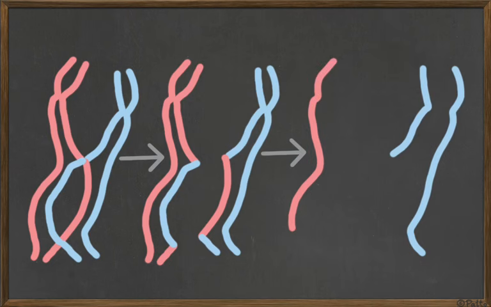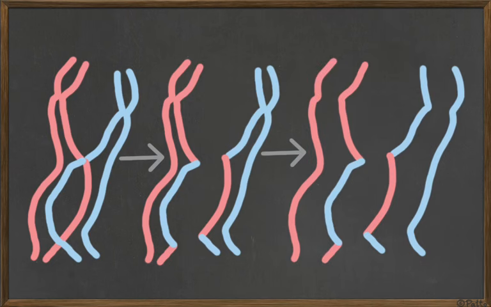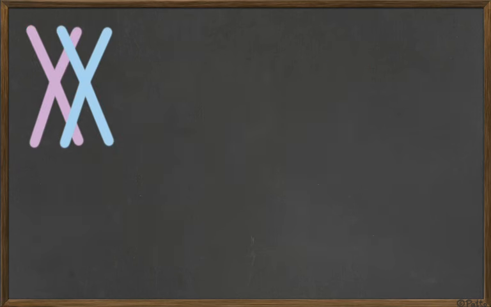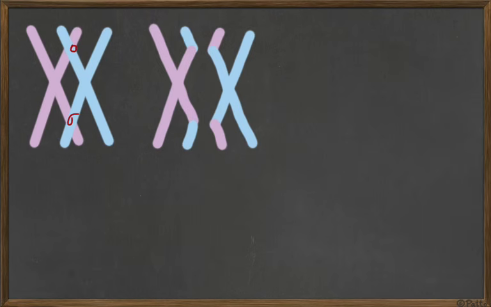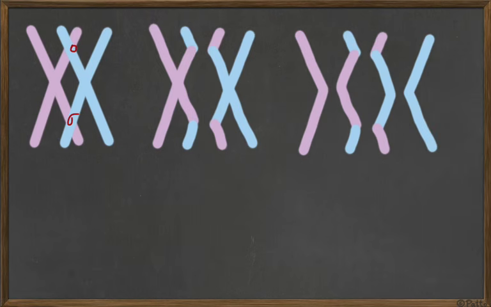Or you can have these possible combinations. This is what happens during crossing over. The idea of possible combinations is that this here can happen. Maybe they touched over there and made this kind of crossing over, making those over there.